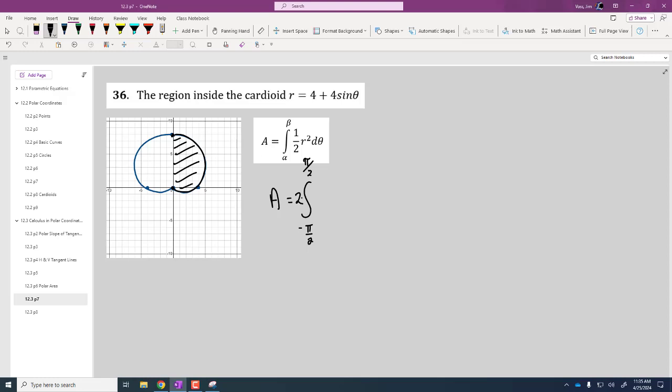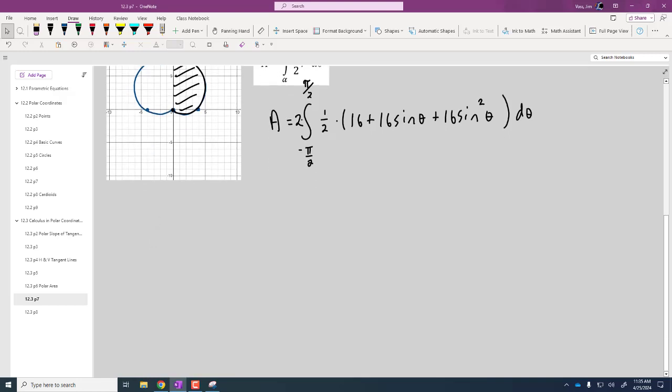Okay, so then we have 1/2 multiplied by r squared. r squared is this hideous thing, so we have to square it. We're going to get 16 plus 16 sine theta plus 16 sine, I guess I could have factored out the 16, or the 4, plus 16 sine squared theta, d theta.